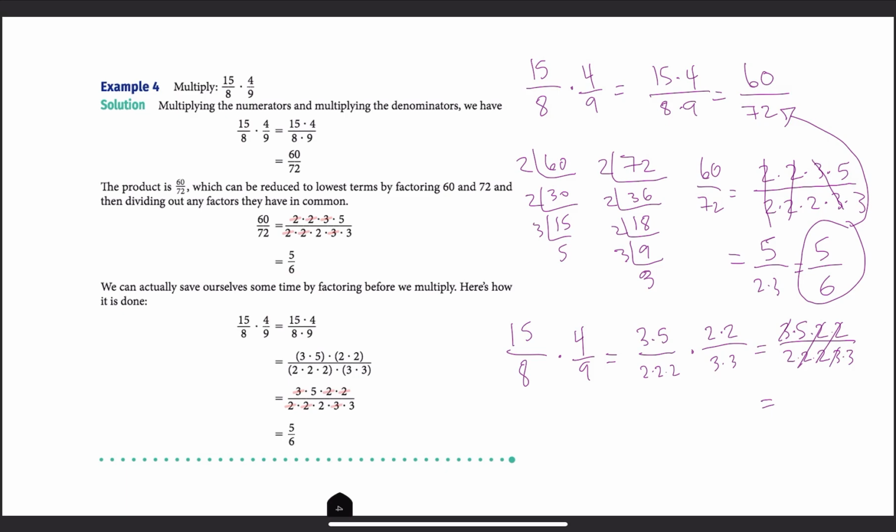I was able to just kind of know that 15 is 3 times 5 and 9 is 3 times 3. So I'm still left with 5 over 2 times 3, which is 6. So I can reduce the initial factors as I go, or I can multiply, get my product, and then reduce.